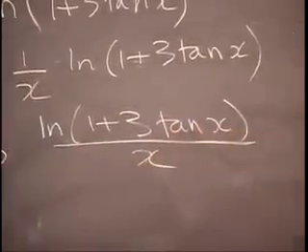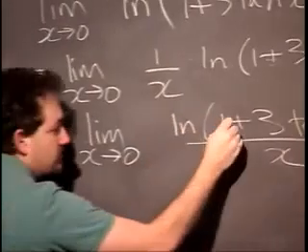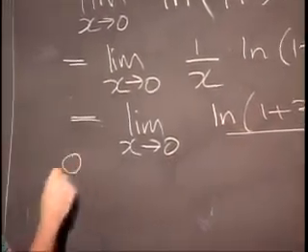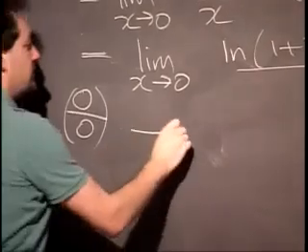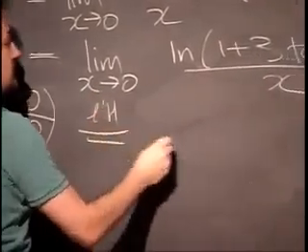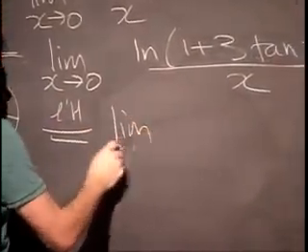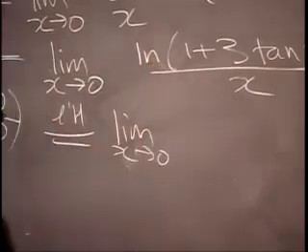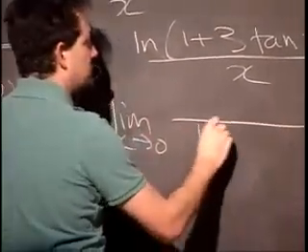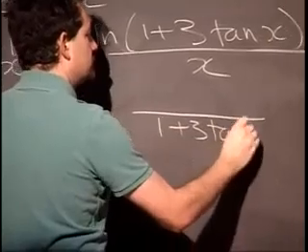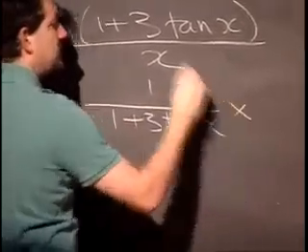And now, if you plug this in, again, you get log of 1, which is 0, over 0. So this is just a 0 over 0 form. We can use regular old L'Hopital's rule to say that this is the limit as x goes to 0 of the derivative of log of something, which is 1 over that something times the derivative of that something.